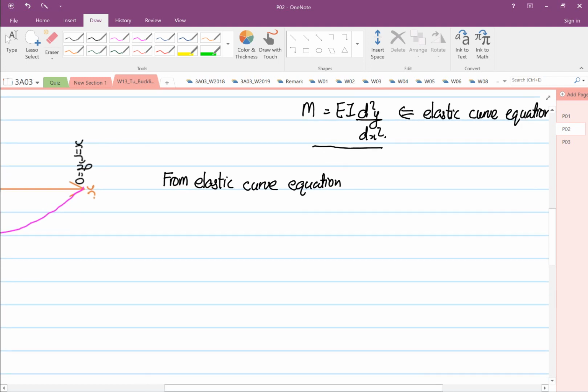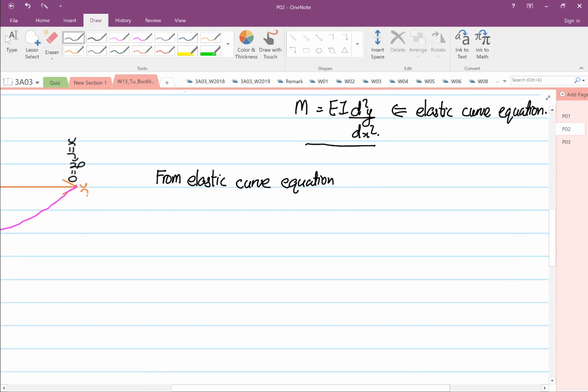So we're working from our elastic curve equation.